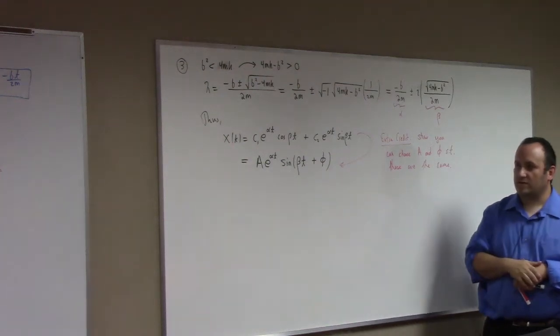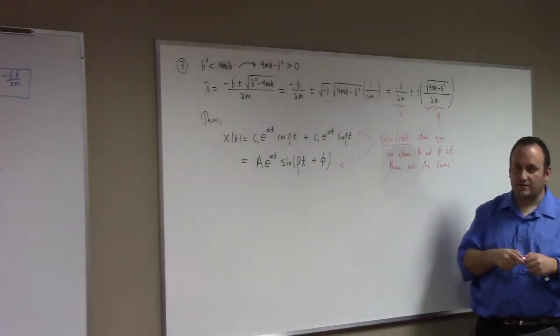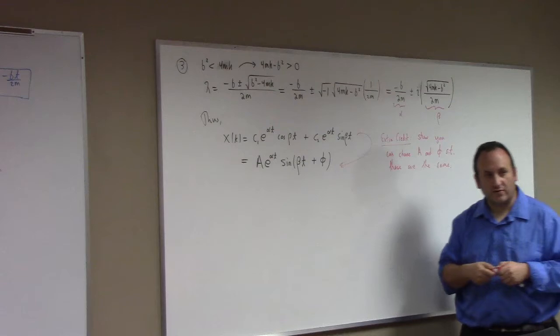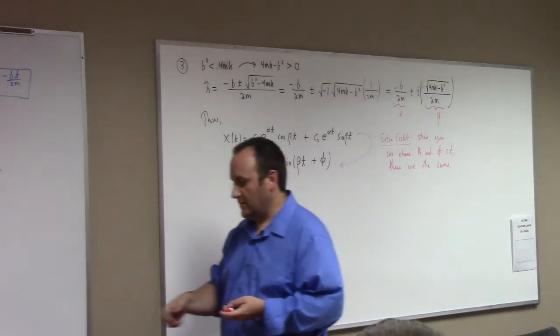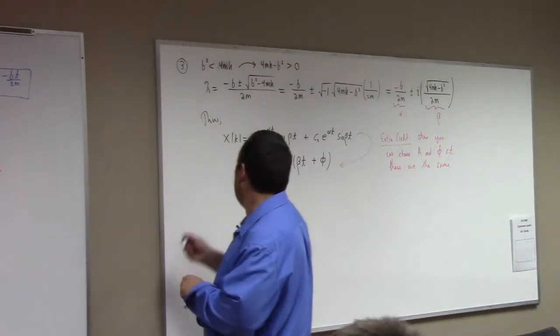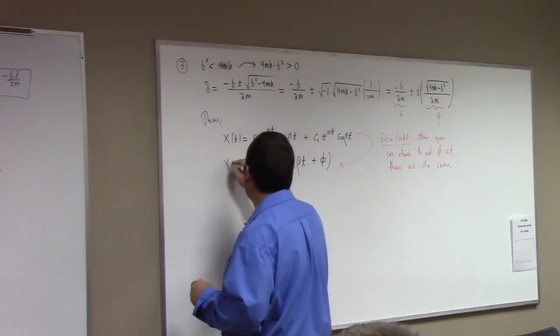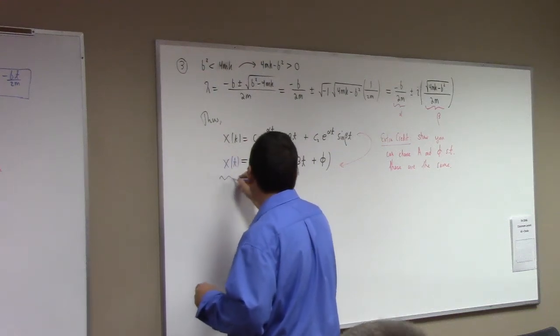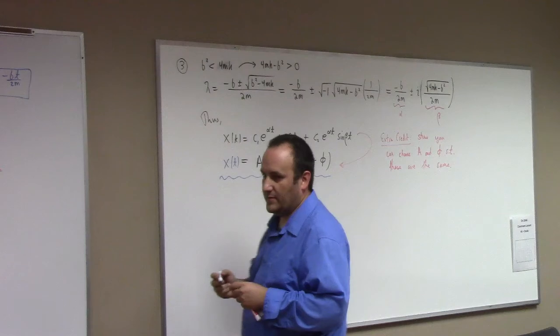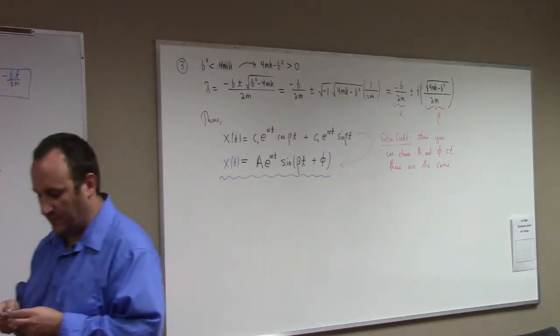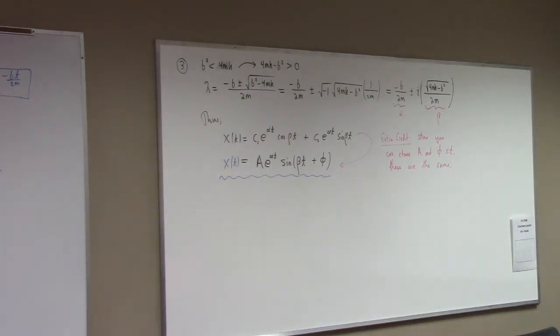Oftentimes, for applications, the thing I just wrote last is really the nicest equation to use for the equation of motion, right? Because if you're going to analyze spring force motion, surely it's much nicer to think about what I'm about to underline in the wavy blue line. That's a much nicer formula. I can graph that pretty easily, right? What's that look like?